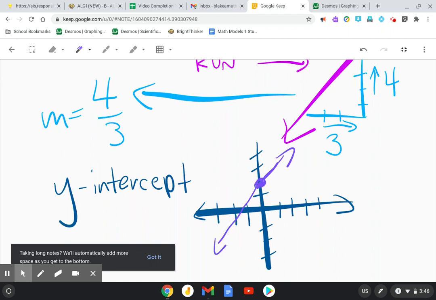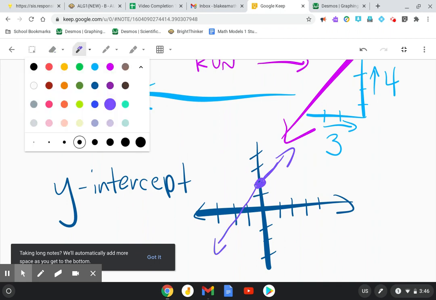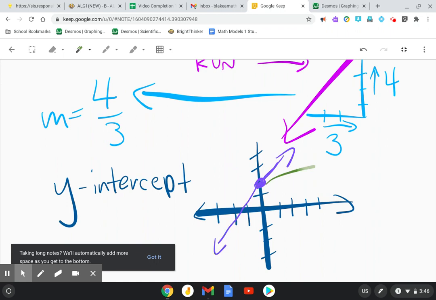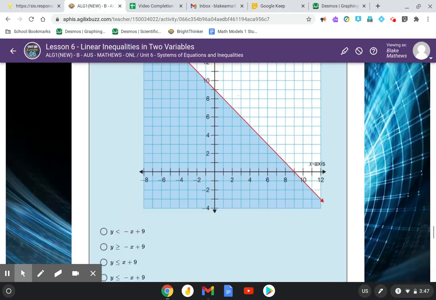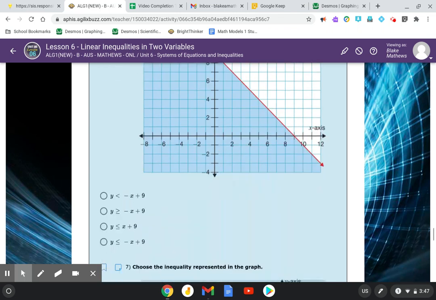That tells me right there that I have a y-intercept. Oops, let me erase that real quick. Tells me that I have a y-intercept equals 2, because it's the y value of 2. So the y-intercept would be b equals 2 for this line right there. So with that information, hopefully you remember a lot of that. Shouldn't be too hard to remember.